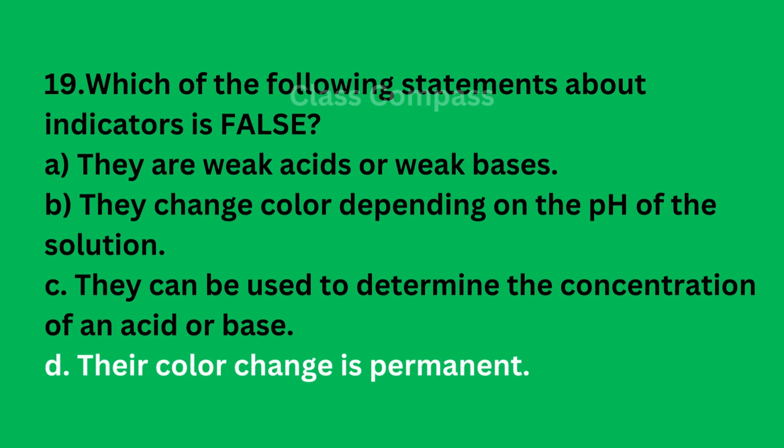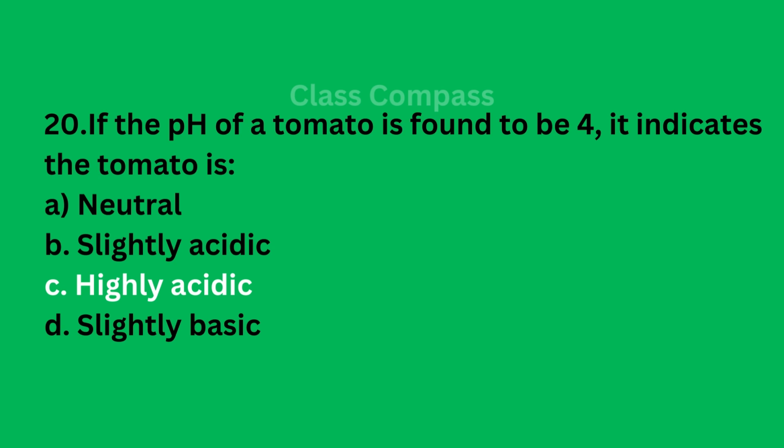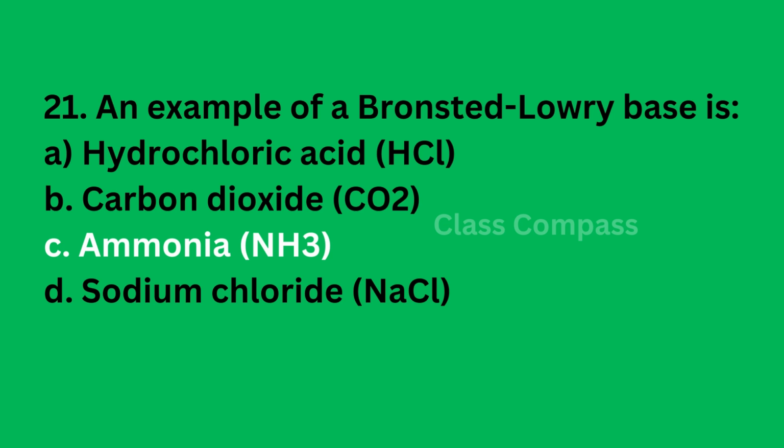Answer is D. 20. If the pH of a tomato is found to be 4, it indicates the tomato is A. Neutral. B. Slightly acidic. C. Highly acidic. D. Slightly basic. Answer is C. 21. An example of a Bronsted-Lowry base is A. Hydrochloric acid, HCl. B. Carbon dioxide, CO2.